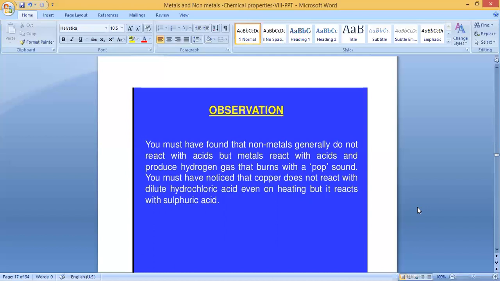Hydrogen gas. That is the reason you are getting the pop sound. But non-metals do not react with acids. So when you bring the matchstick next to the non-metals in that test tube, you will not get the pop sound. It means there is no hydrogen gas, and the reaction did not take place.